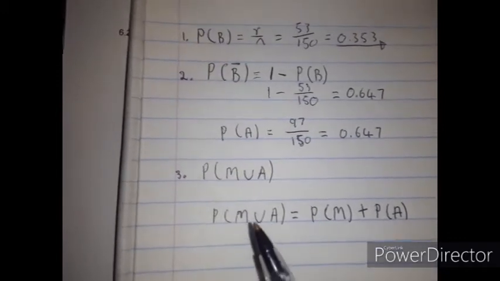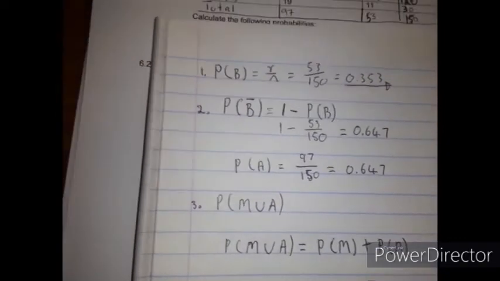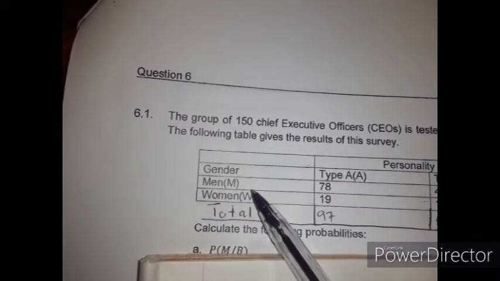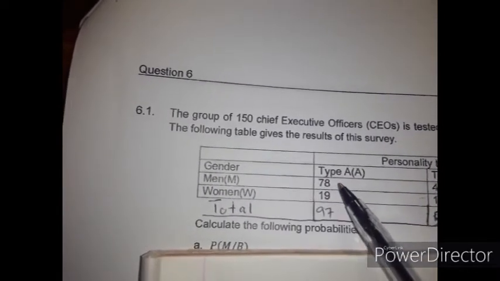But man and type A have an intersection, which means they are not mutually exclusive. There's type A and there's man, and they intersect by 78.